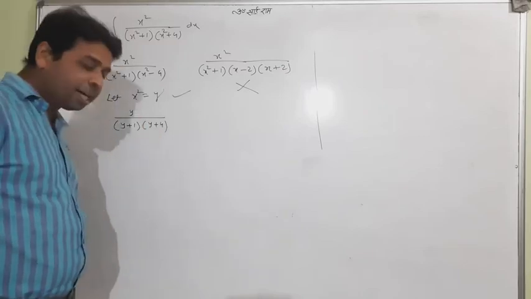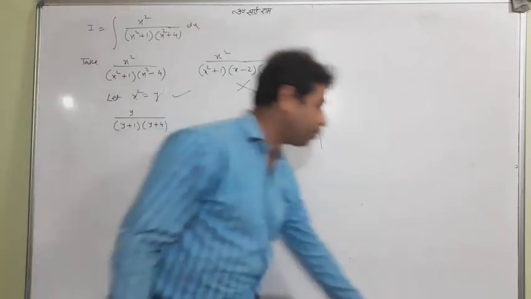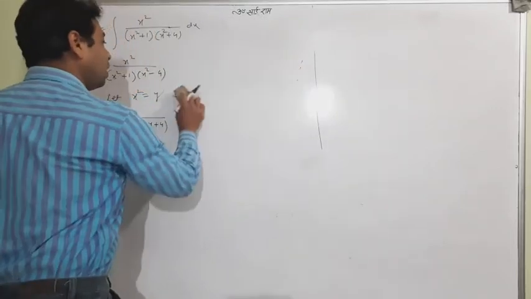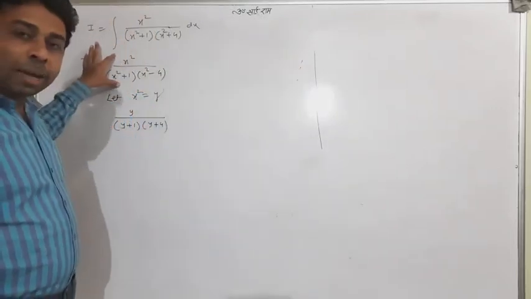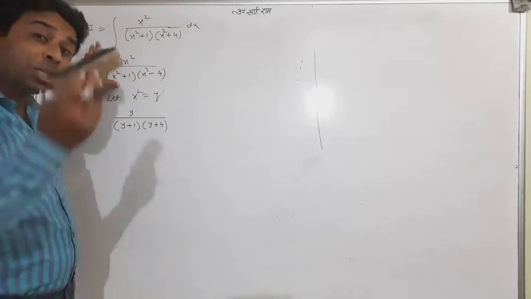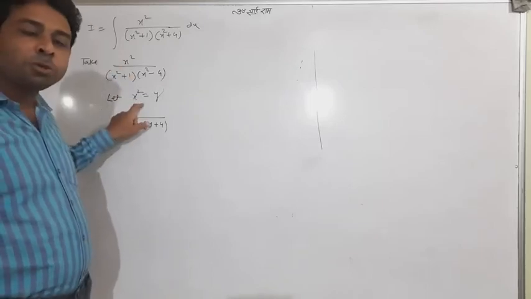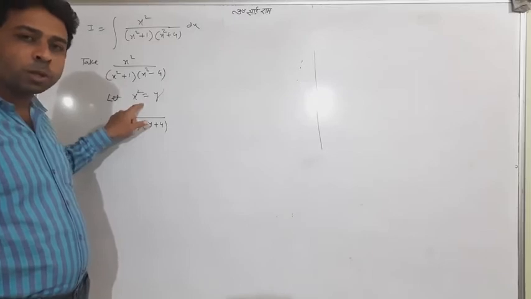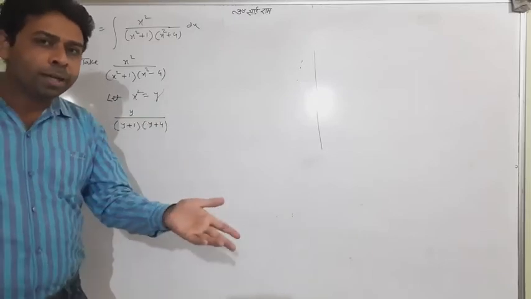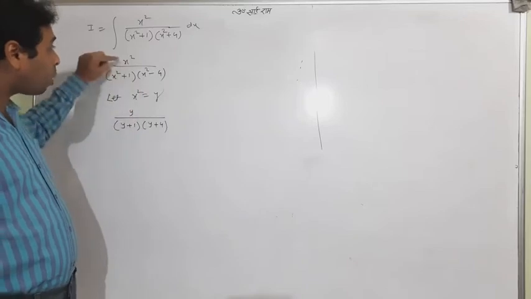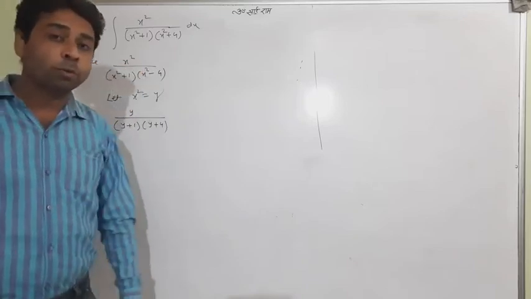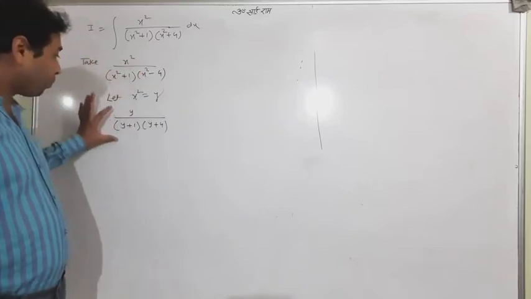So hope till here you have got the concept: even when it is not a type 1 question, it can be turned into a type 1 question by substituting x square equal to y. You have put x square equal to y because everywhere it was looking like x square. Now the question has changed.